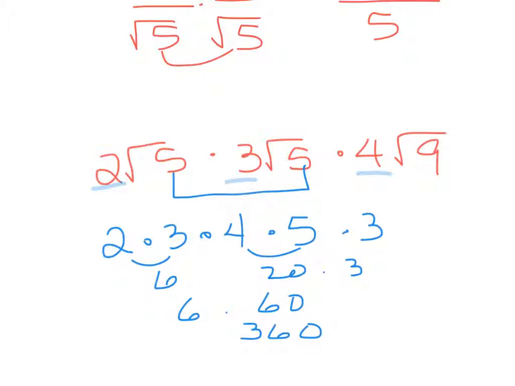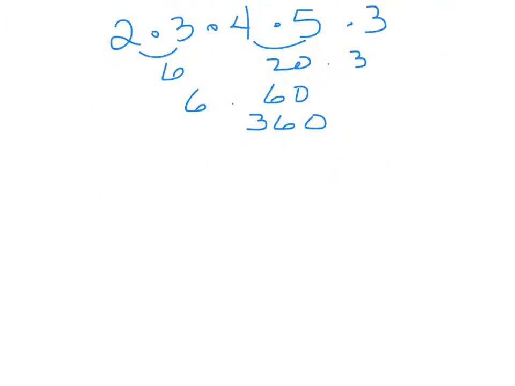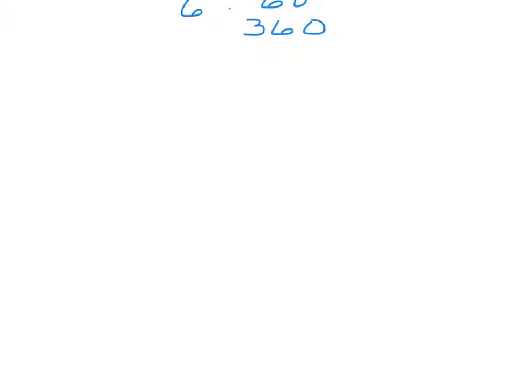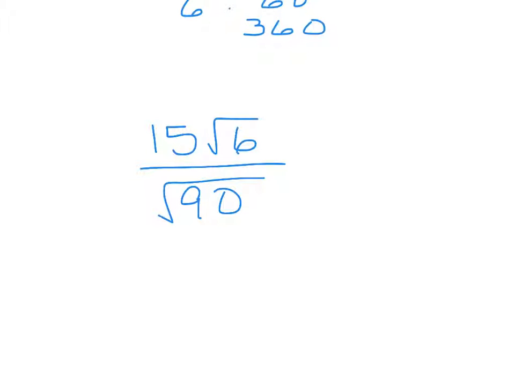You'll also get questions where you're going to have to rationalize and there's something outside. So for example, number 28 that we did from the homework. You might get a question similar to that, where I have 15 square root 6 over the square root of 90. Now, what I can do here is I could simplify these two things that are under the radical, and I realize that I can divide 6 into 90, and it goes 15 times.